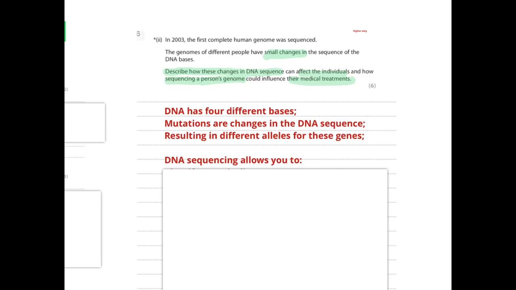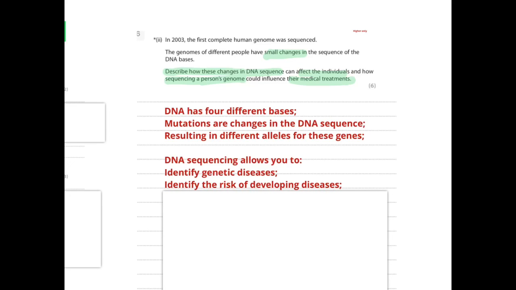DNA sequencing allows you to identify genetic diseases. So now we're looking at how it helps medical treatments. It helps you identify genetic diseases, identify the risk of developing disease, and modify lifestyle. With this information, we can modify our lifestyle and reduce risk. These are just arguments you need to remember linked with the Human Genome Project.